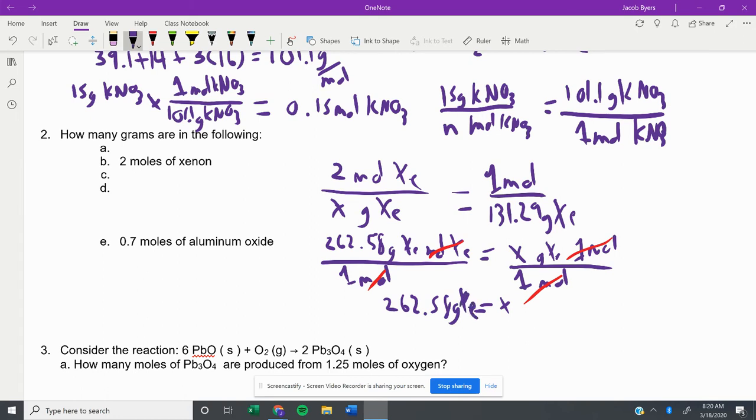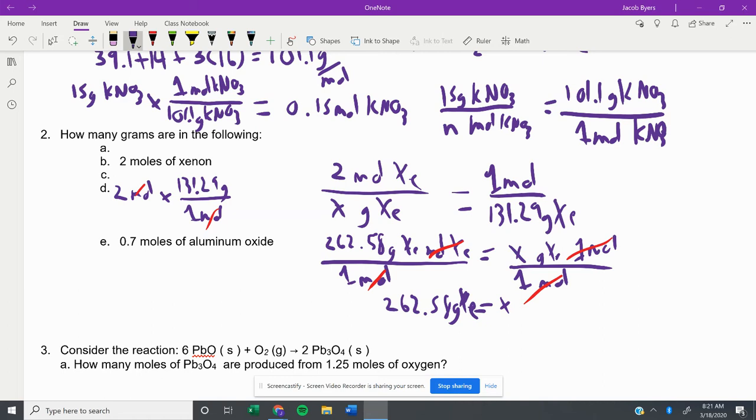As always, you can also just set it up where you've got 2 moles and multiply the ratio where 1 mole has a mass of 131.29 grams as well. And that'll give you the same number. Remember, it's going to be opposite of last time. You start with moles and you need to cancel moles out. So moles is going to go on the bottom.